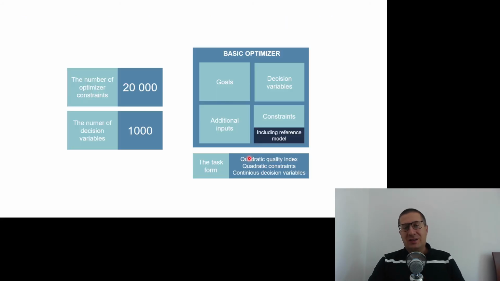Okay, and at the end of the day, this optimizer consists of around 1,000 decision variables, because you remember that we have to calculate it for each hour of the time horizon, and 20,000 constraints.